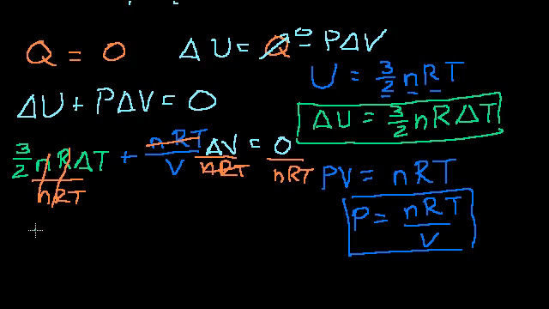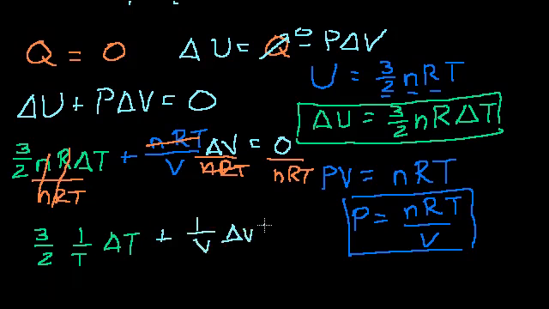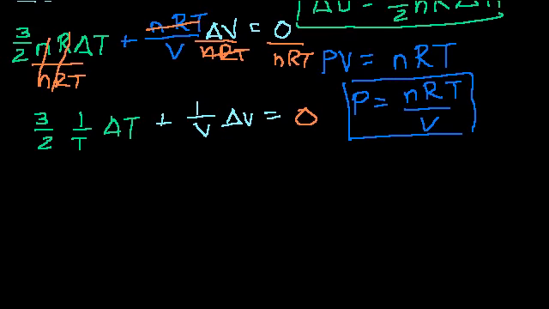We're left with 3 halves times 1 over T delta T plus 1 over V delta V is equal to, well, 0 divided by anything is equal to 0. Now we're going to integrate over a bunch of really small delta T's and delta V's.